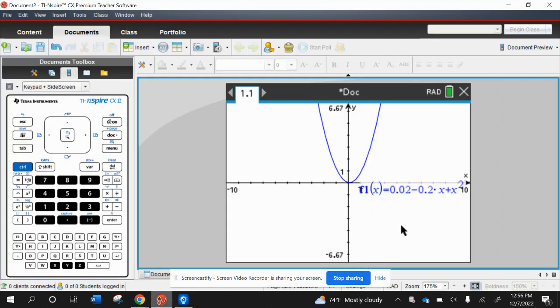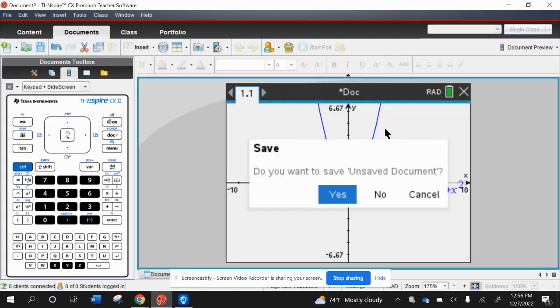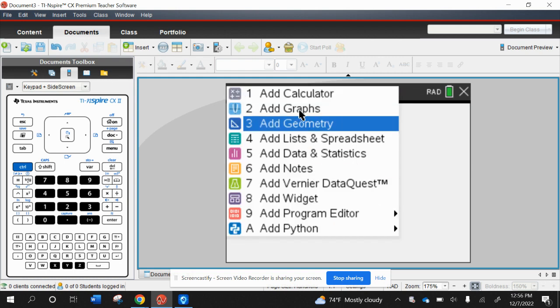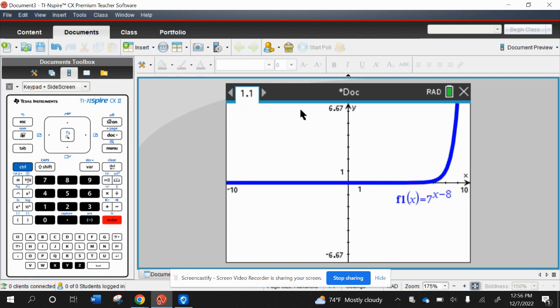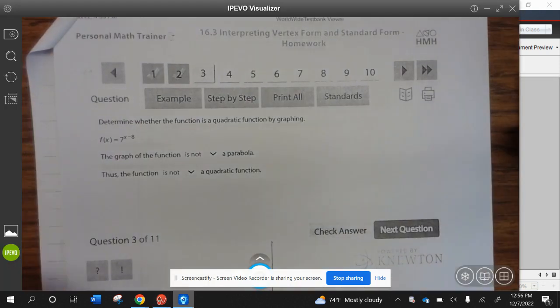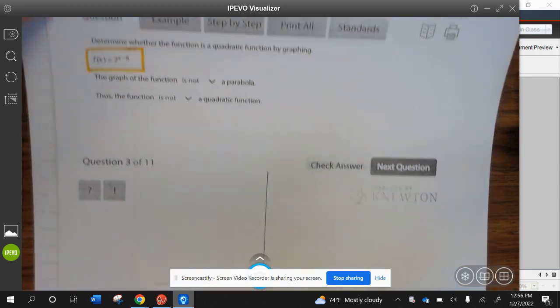So let's graph this. We go to On, New Document, Add Graph. We use 7, up key, x minus 8. Let's go ahead and graph this in yellow.